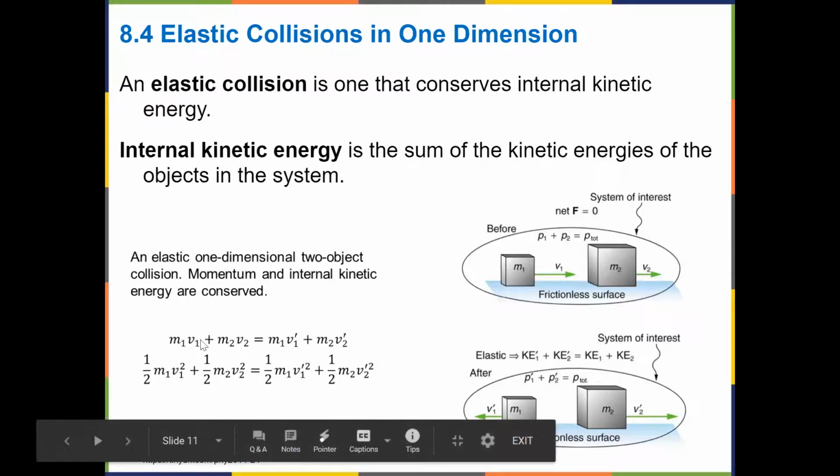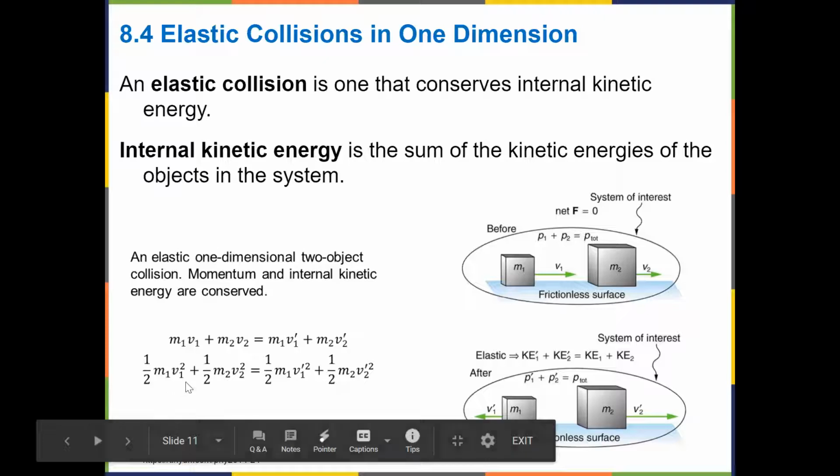The first one is the conservation of momentum. V1 and V2 are the initial velocities. V1 prime, V2 prime are the final velocities. So for conservation of momentum, the sum of initial momentum of the two is equal to the sum of final momentum of the two. That's the first equation.